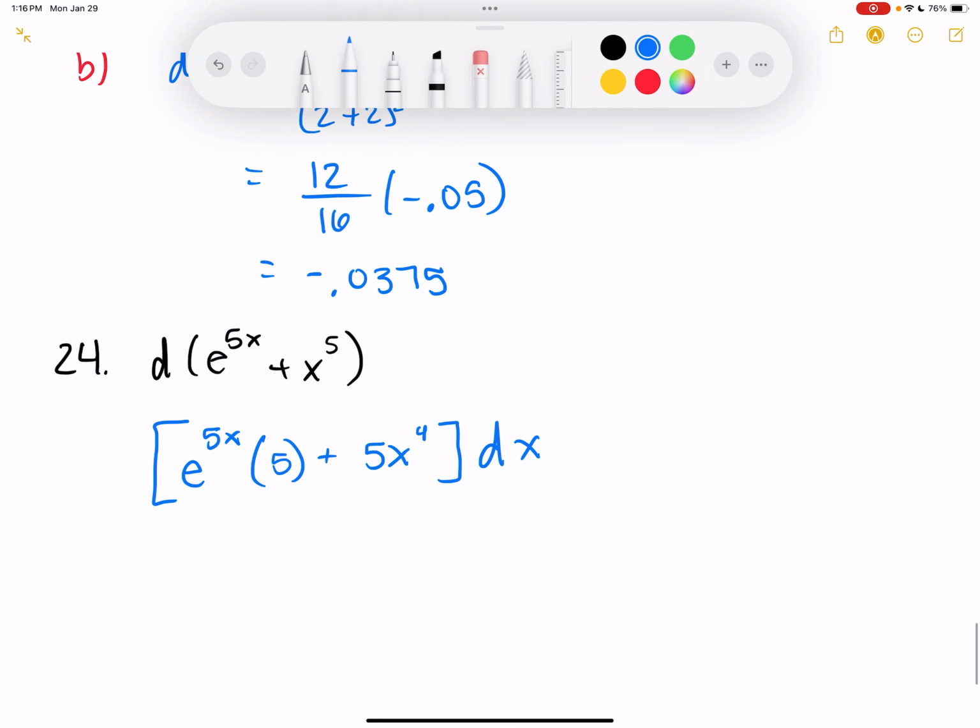So then we just rewrite it: 5e to the 5x plus 5x to the 4th times dx.